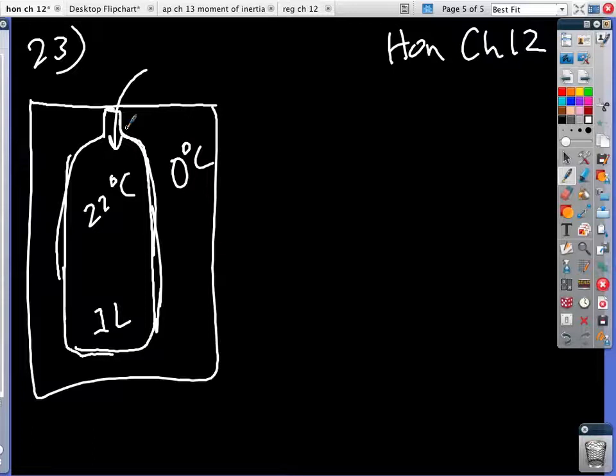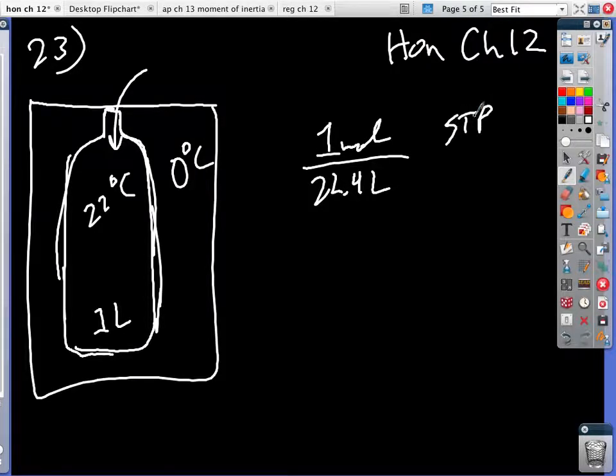So then, how many moles of air enter or leave? Okay, let me see. Oh gosh, I got to deal with this fraction stuff. 1 mole of air is 22.4 liters at standard temperature and pressure.